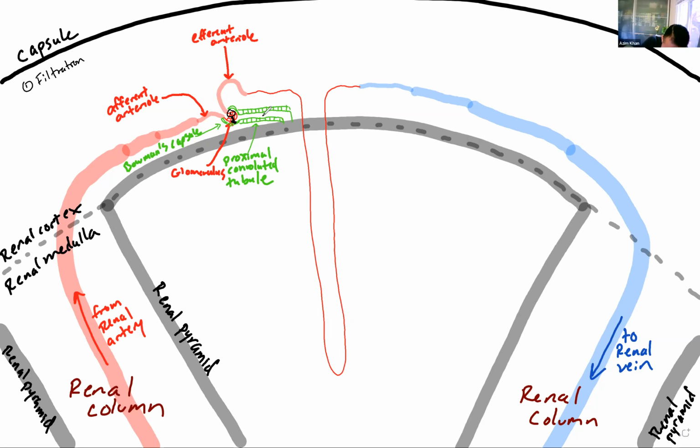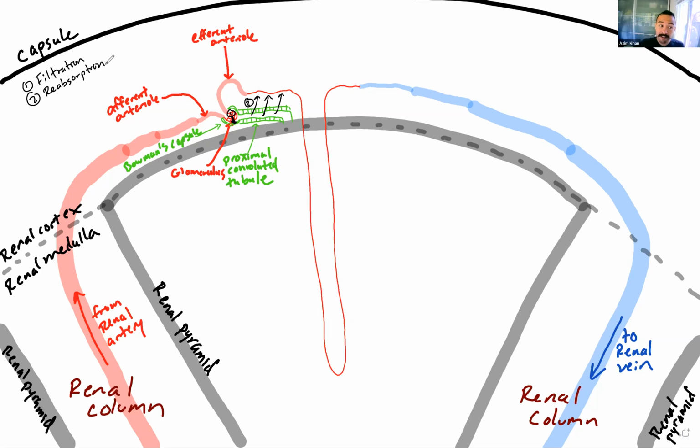From the proximal convoluted tubule out to these capillaries that you see here, that's reabsorption. Filtration is of wastes, excess water, ions. Step two, reabsorption, we're absorbing nutrients and water back to the blood vessels.